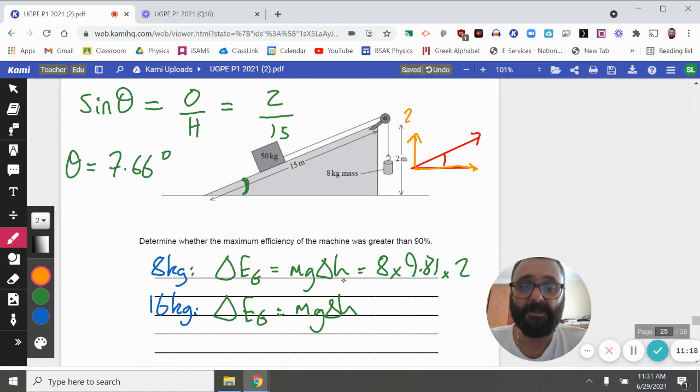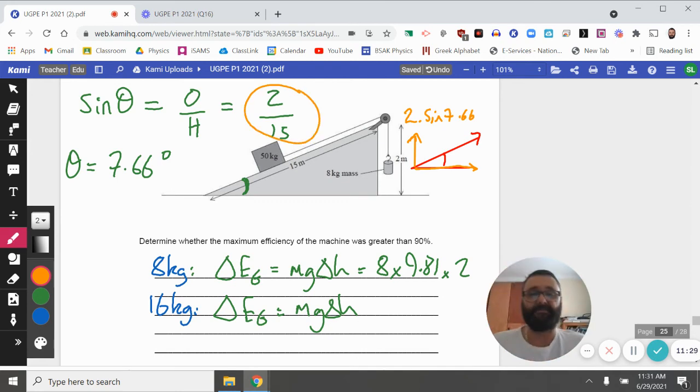So 2 times sine 7.66. Now sine 7.66 is 2 over 15, isn't it? So the vertical displacement is 2 times 2 over 15.